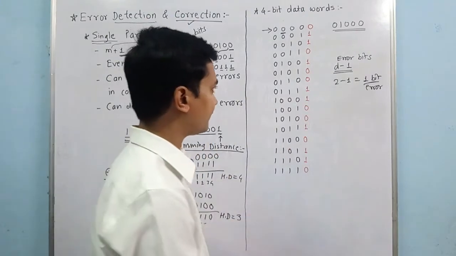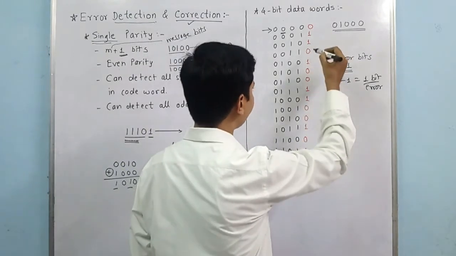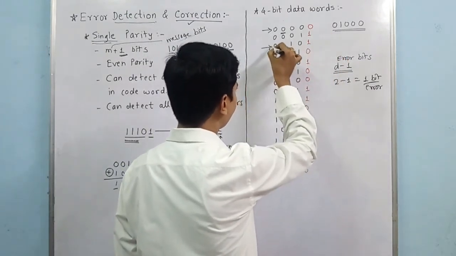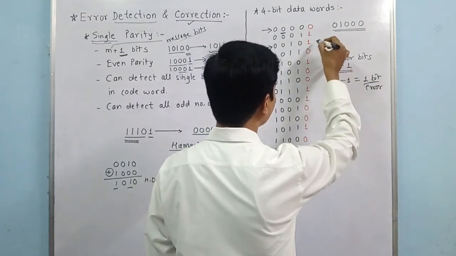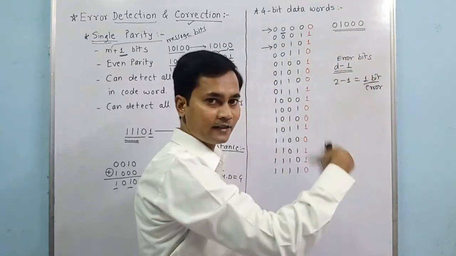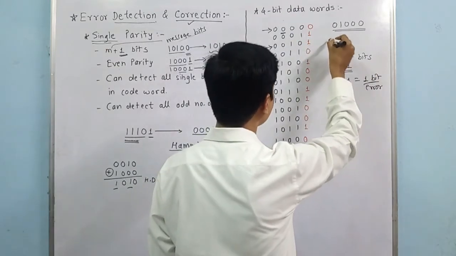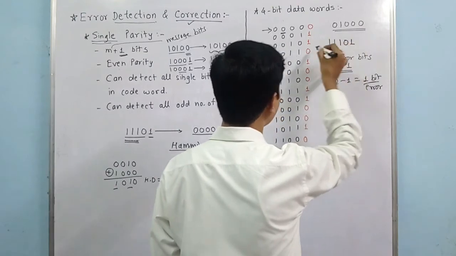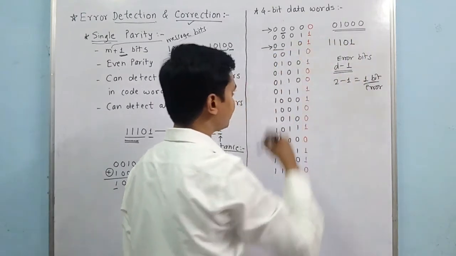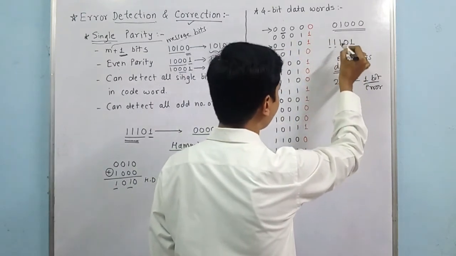Now let us see one example. Suppose the transmitter has sent the combination 0 0 1 0 1, and when the receiver receives it, suppose the receiver has received 1 1 1 0 1. Here I have changed the first 2 bits: 1 1 is changed.